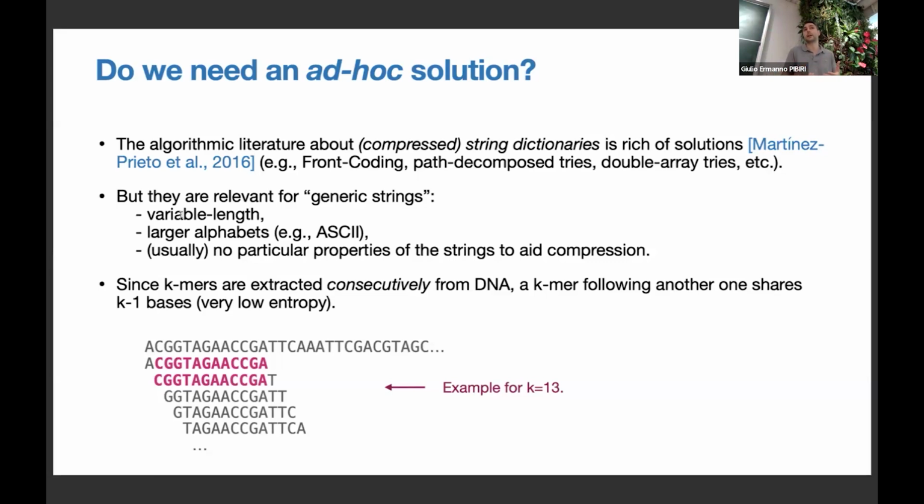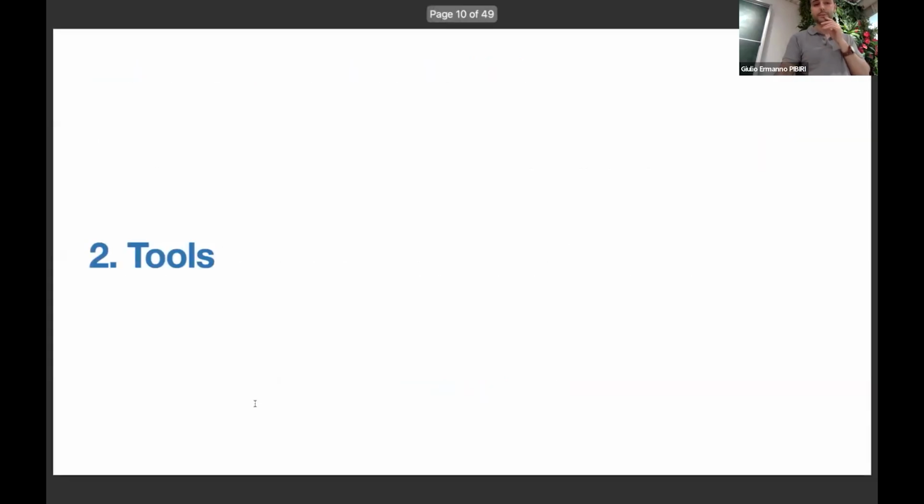But this is very wasteful, because if I take this k-mer and this k-mer here, I will be repeating k-1 symbols. Of course, we do not want to do this. We want a space-efficient solution. So the first tool we're going to see are methods that try to glue as much as possible these k-mers.